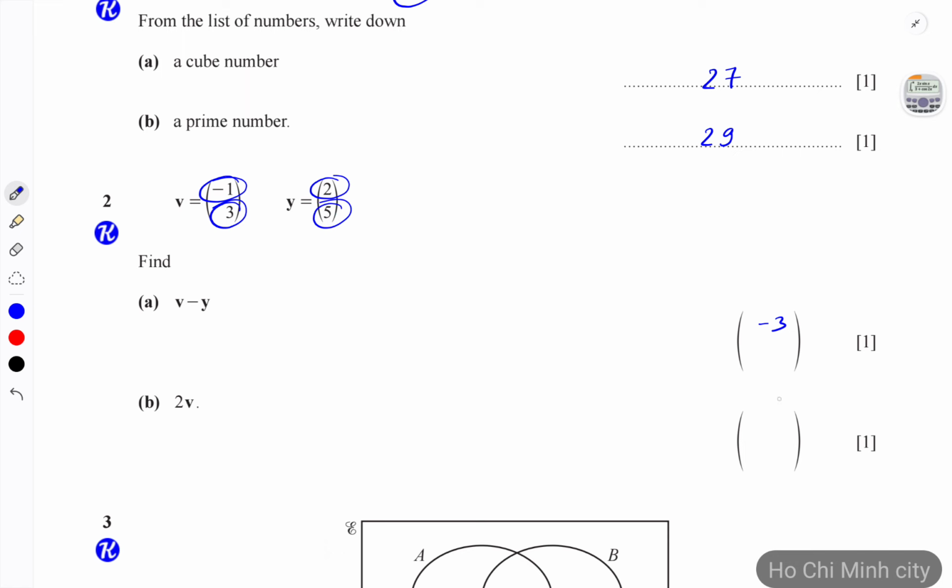So we have 3 minus y, which is -2. And how about when we multiply by a number, then simply just multiply both on the x and the y axis. So that will become -2 and 6.